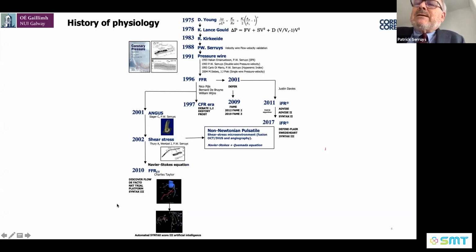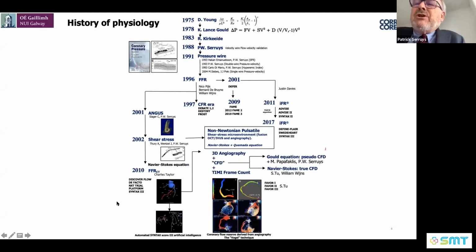And that emergence of the color code and 3D angiography stimulated again the conventional fluoroscopic technique to create a 3D angiography, in combination with the TIMI frame count to have some pseudo computational fluid dynamics, either using the Lance Gould equation or the Navier-Stokes.